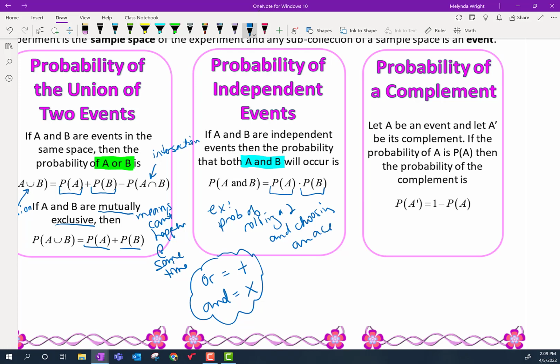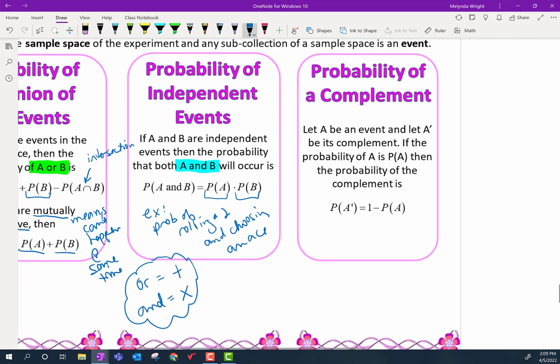Okay, then kind of a strange one, the probability of a complement. A complement is like an opposite. And the mathematical notation for it is like A with an apostrophe.